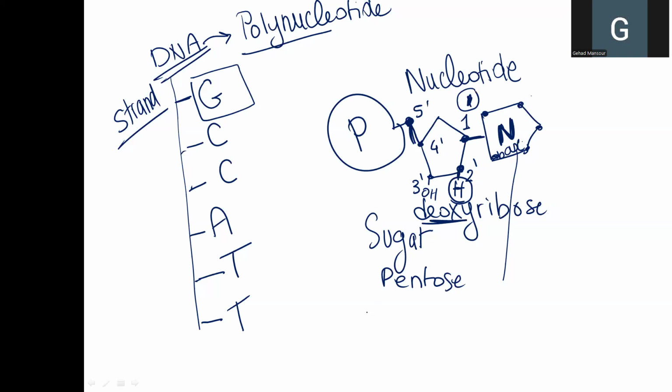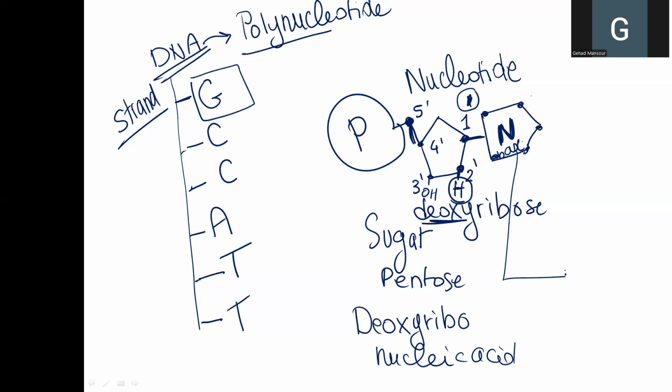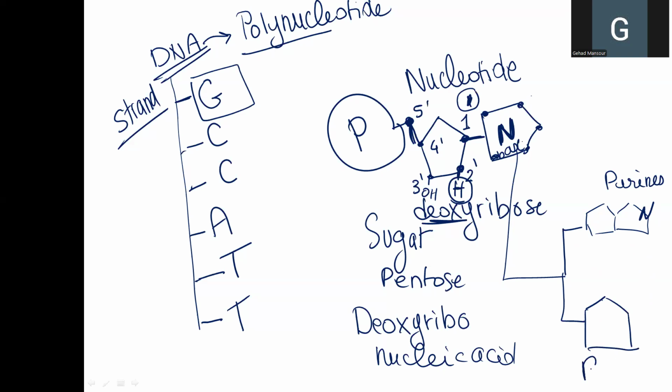And deoxyribose is the origin of the name DNA, which is deoxyribonucleic acid. The nitrogenous bases, as we said before, can be one of two groups. They may be double ringed, and in such a case, they are called purines, but they always must contain nitrogen somewhere in the molecule. You needn't know by heart the molecular structure. Or they might be single ringed, and in such a case, they are called pyrimidines.